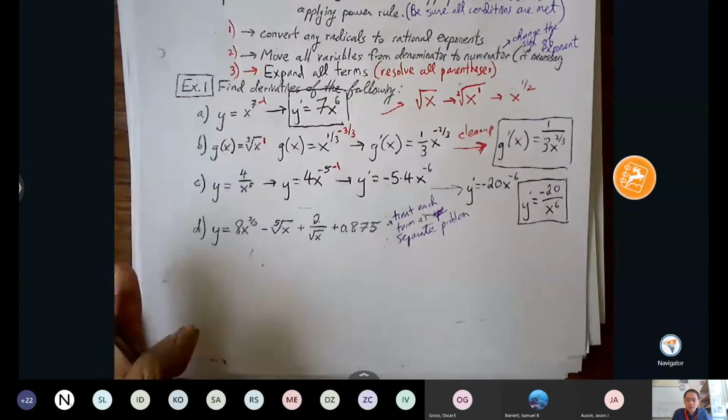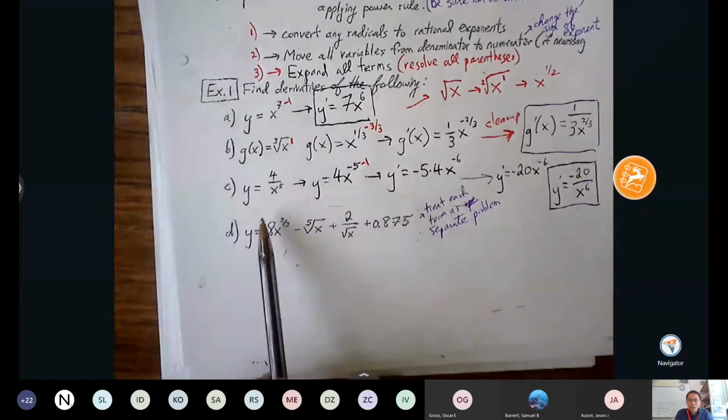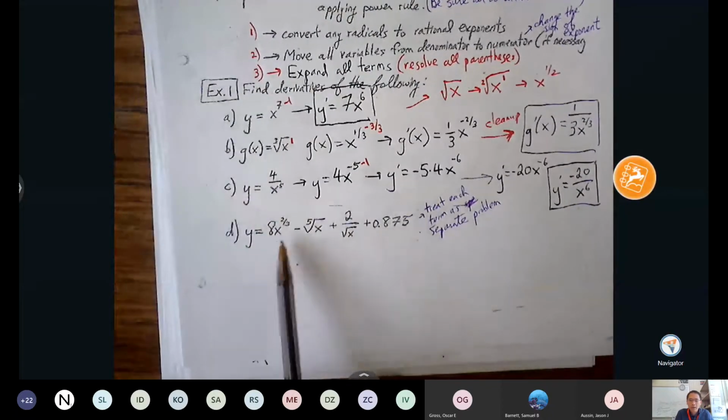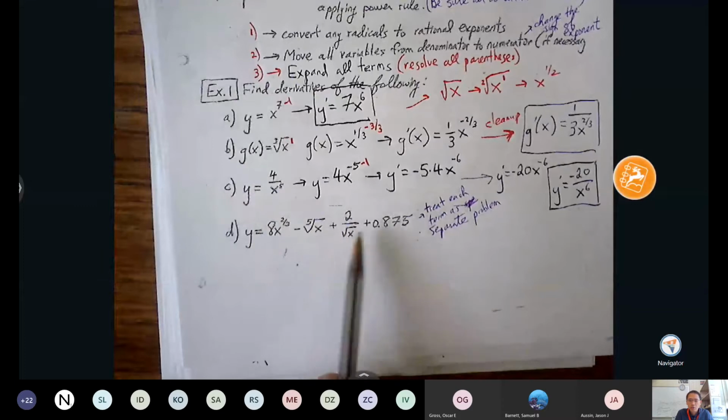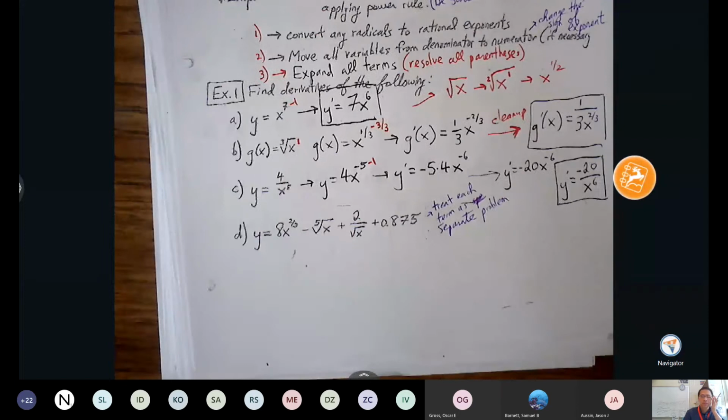So we're going to find the derivative of each, but every term we'll treat like these are 4 separate problems. We'll find the derivative of each, and once we do that, we'll just merge them together and put all the results next to each other.